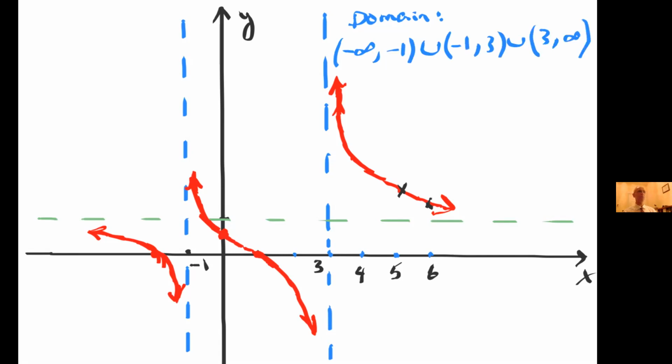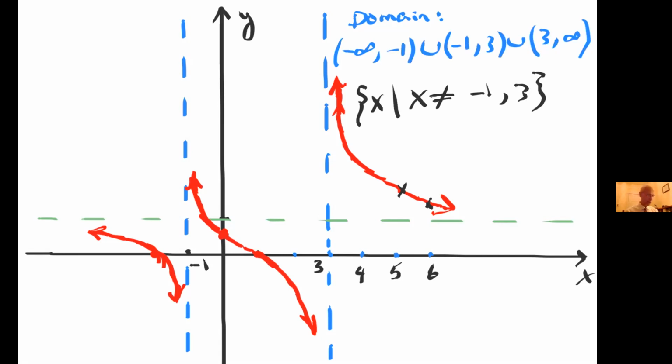Remember, we never put a bracket on the infinity because it keeps going. Or some textbooks show it as x such that x cannot equal -1 and 3.